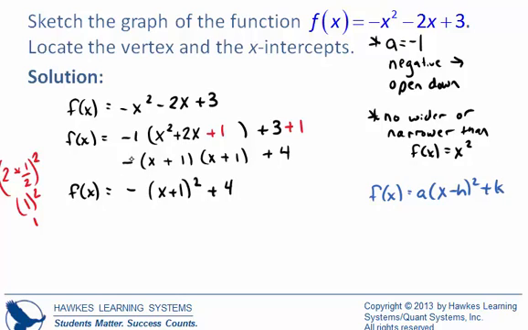We've got an a value because we have a negative 1, so that's not really going to be a problem there. Okay, the parenthesis part is supposed to be x minus something. So let's rewrite that. Instead of x plus 1, let's rewrite it as x minus a negative 1. And then we're supposed to have plus a k value, which we do. All right, and remember that your vertex now will be the h and the k. So your vertex here will be the h value, which is negative 1, and the k value, which is 4.